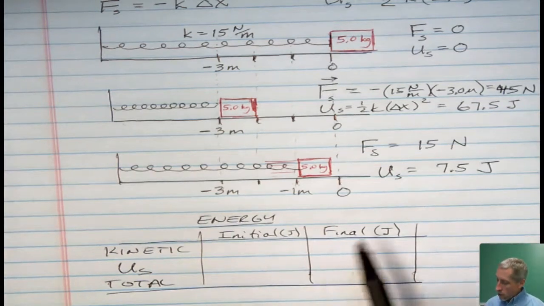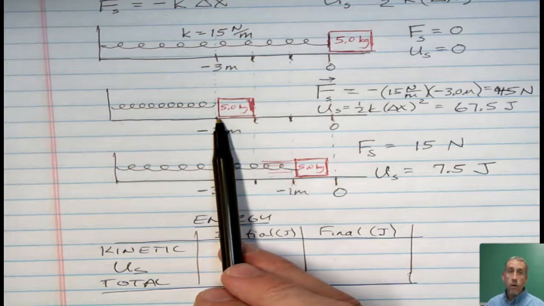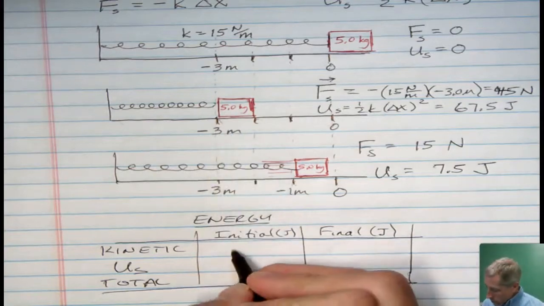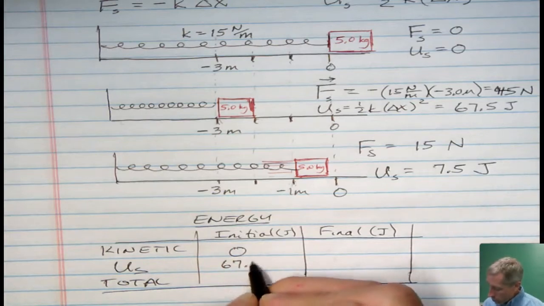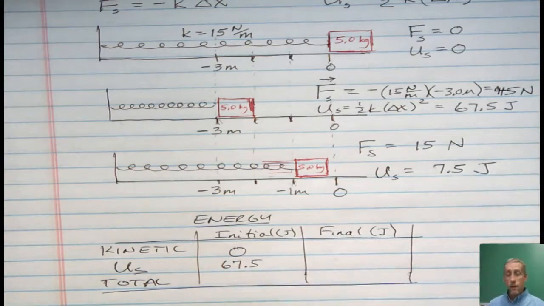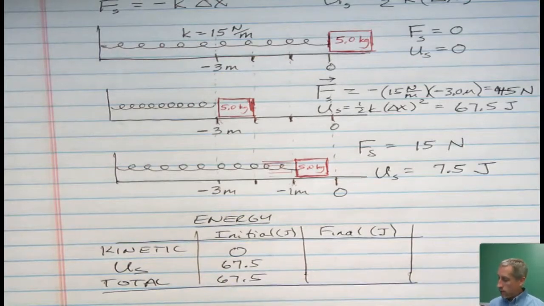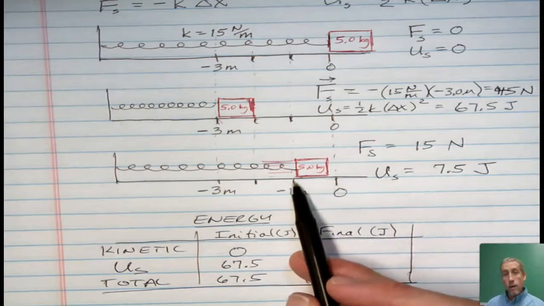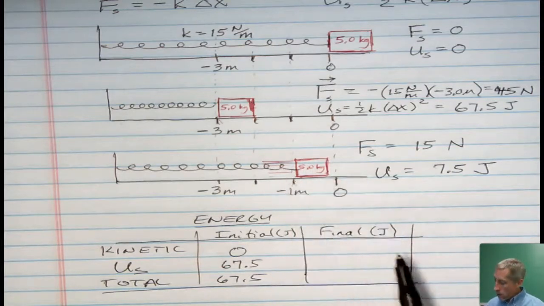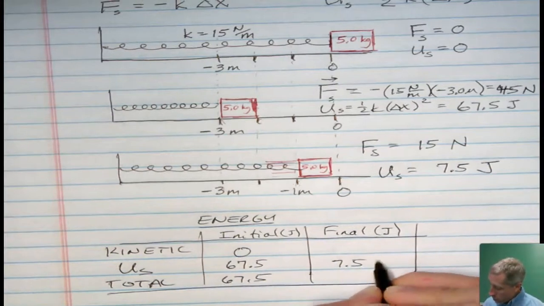So I started, let's say, at this position here. When I let go of it, I had no kinetic energy, but I had stored 67.5 joules of spring potential energy, for a total of 67.5 joules of energy. But when I let go and I move it back here to the -1 meter position, then I calculated I only have 7.5 joules of energy.